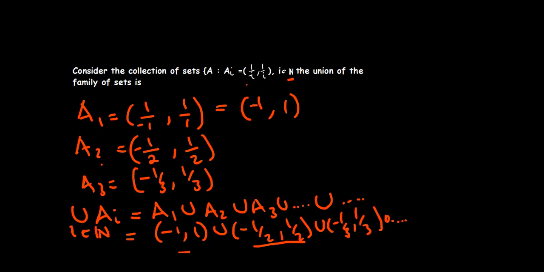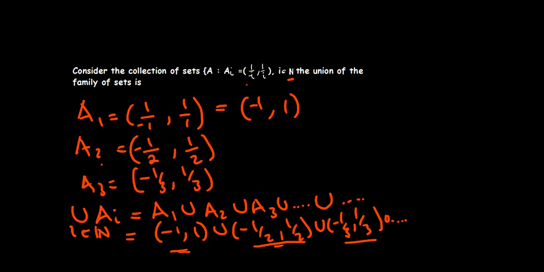So negative half comma half, this interval, is contained in the first one, and this one here is contained in the first one and also in the one before it, which is negative 1 over 2 comma 1 over 2.